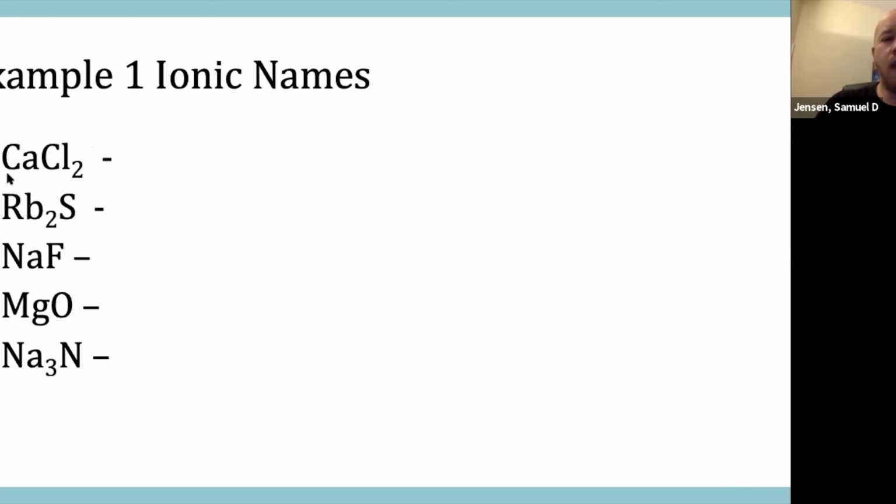Okay, so calcium keeps its name. Chlorine becomes chloride. Rb is not in your first 20. Rubidium, okay, so again, knowing lots of elements helps.